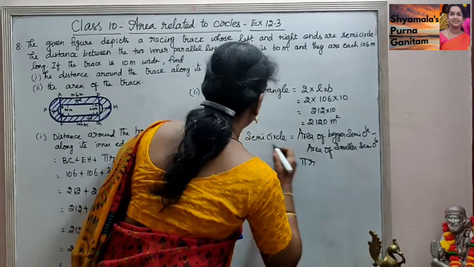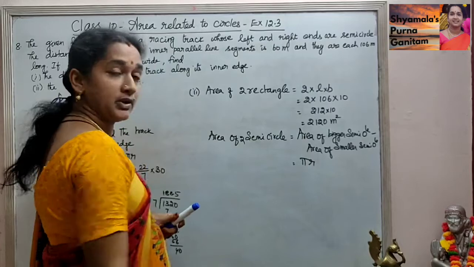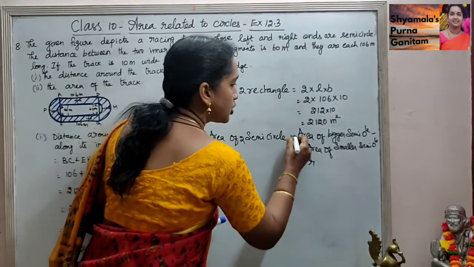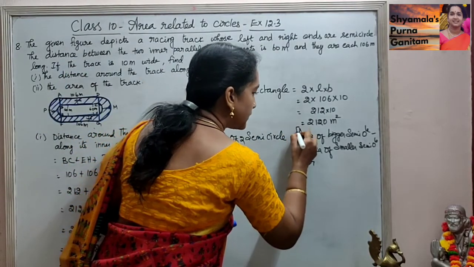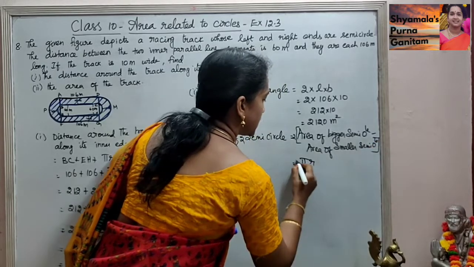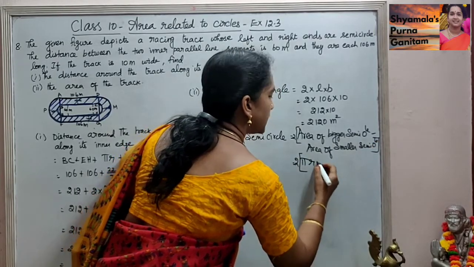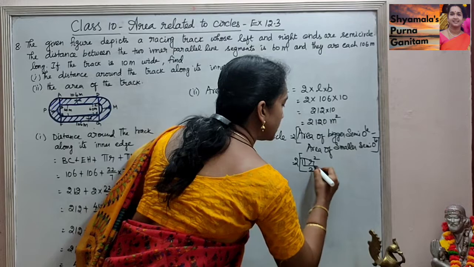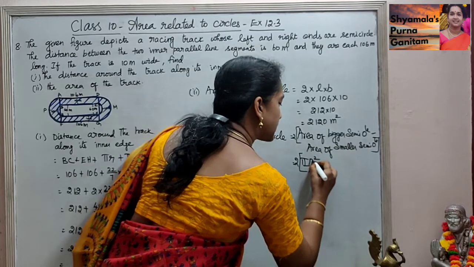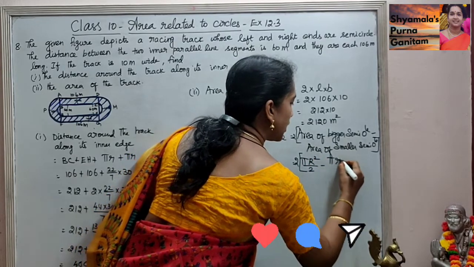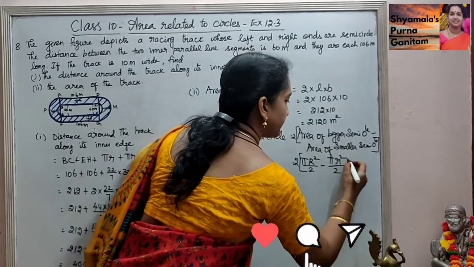We have 2 semicircles, so it is 2 into pi R squared by 2 minus pi small r squared by 2.